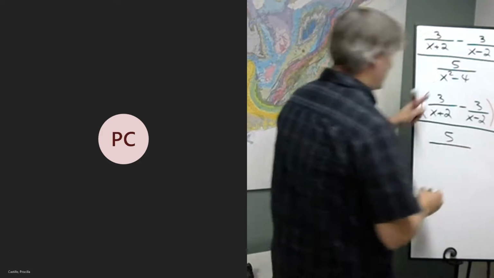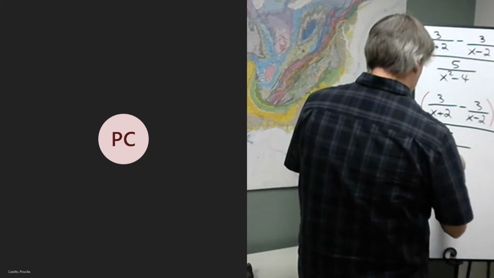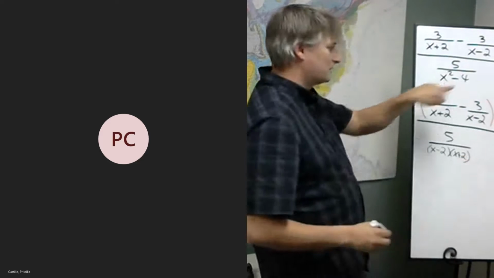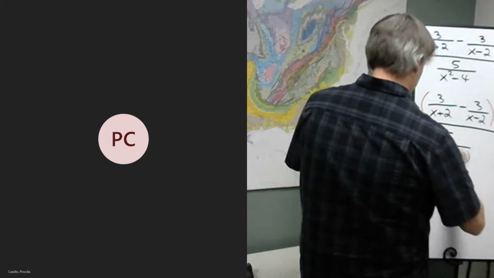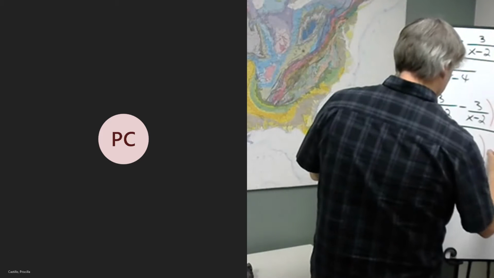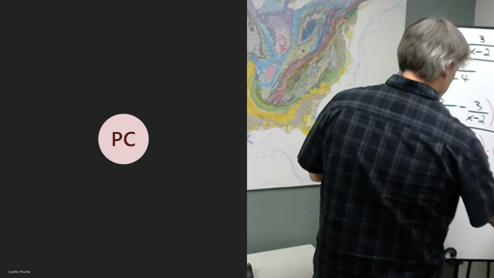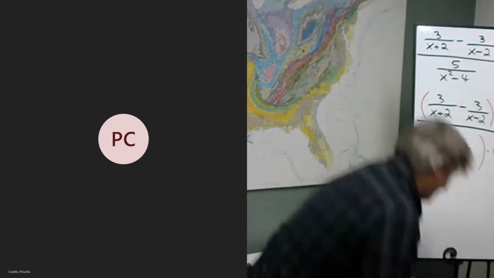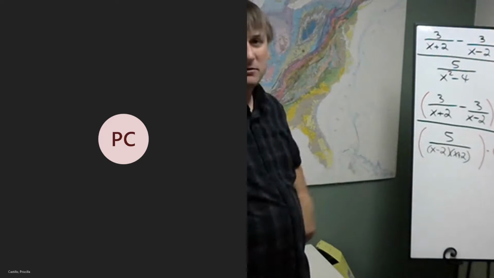Now this one, I'm going to factor into x minus 2 times x plus 2, that difference of squares. And so now I'm going to distribute.